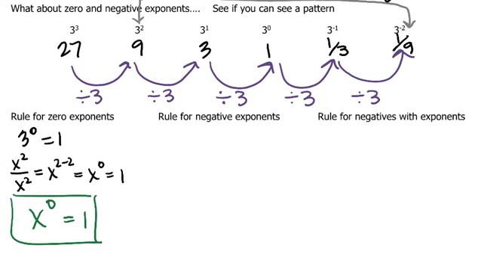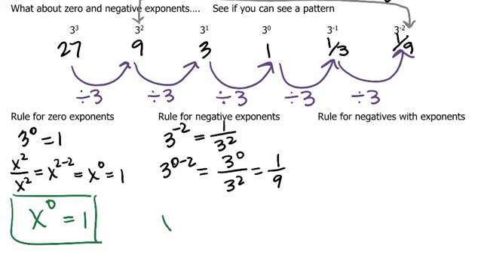Rule for negative exponents. Okay, well, up here we saw that 3 to the negative 2 is 1/9, which is 1 over 3 to the 2. We could also look at this as this is equal to 3 to the 0 minus 2, which is 3 to the 0 divided by 3 to the 2. 3 to the 0 is 1, so that's 1/9.